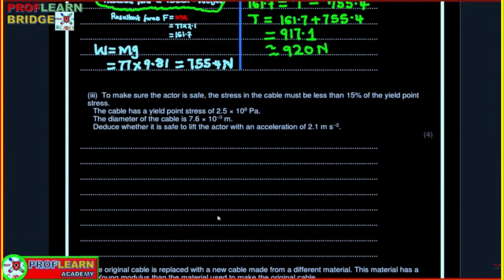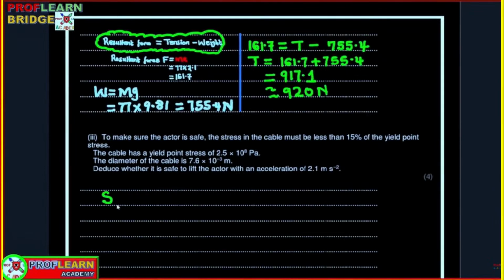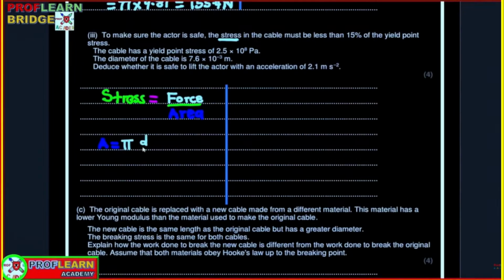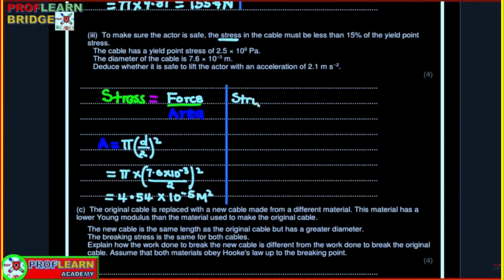Stress of the cable is force over the cross-section area, but area is going to be pi times (d over 2) squared. We should always check whether the diameter is given in meters, because if you don't convert the units to meters, you're going to get it wrong somewhere.